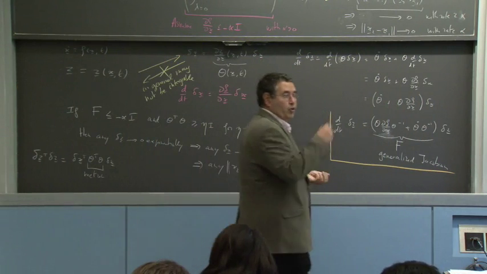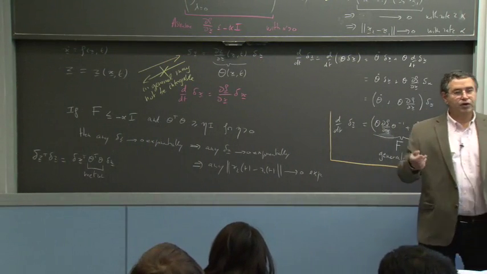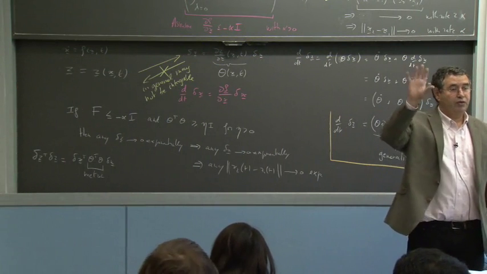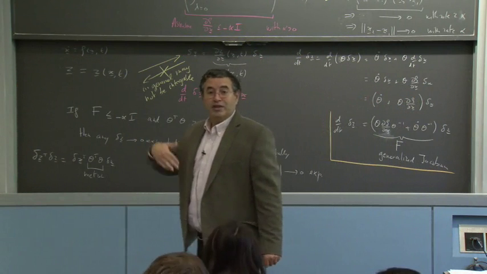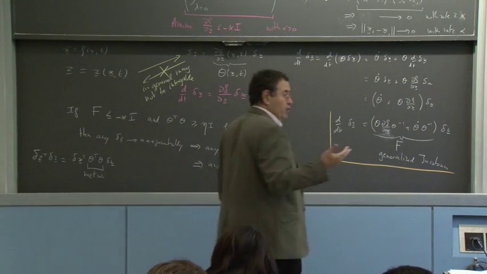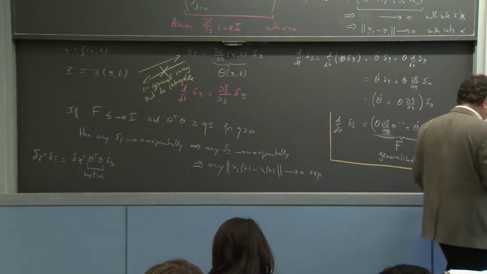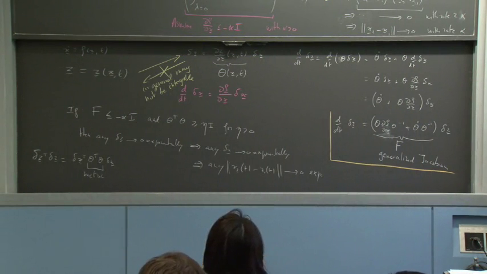So we start with x, we continue with z of xt, and then we said forget about z of xt, let's just go directly delta z equal theta delta x. So then it's even more general. And you can show that under certain simple conditions, it becomes so general that it becomes a necessary and sufficient condition.